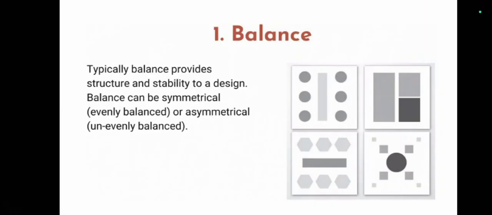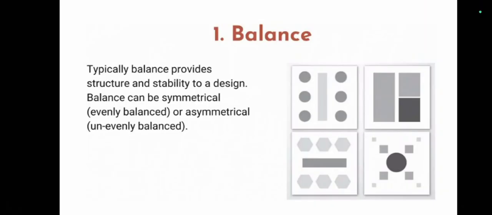In the first design, one rectangle is there, light in color, and 3 circles are on the left side and 3 circles on the right side. These have a higher value compared to the rectangle. Vertically it is like a mirror image, so there is a symmetrical balance in the first diagram.